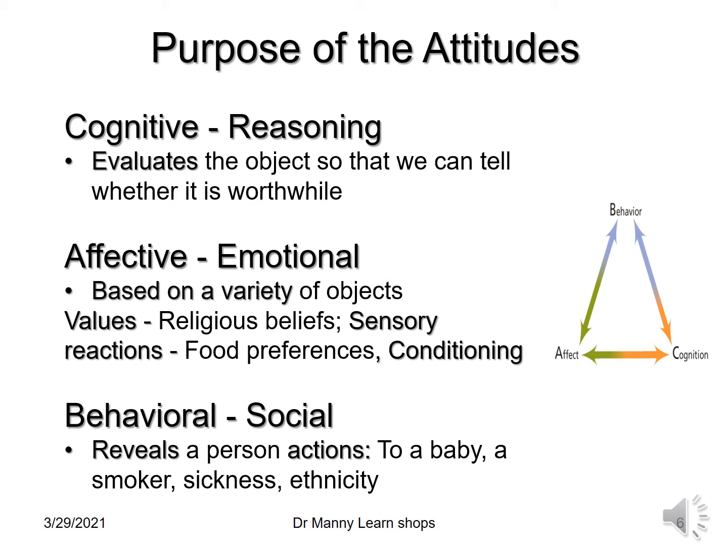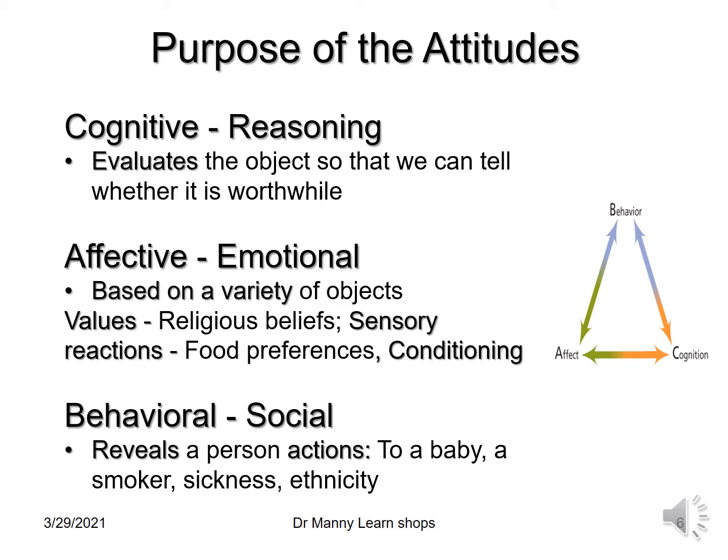The affective or the emotional is based on a variety of objects. This is to do with values. This could be moral, ethical, religious. Sensory actions. Well, look, what food do you prefer? And it's related to conditioning, which we'll be looking at after.